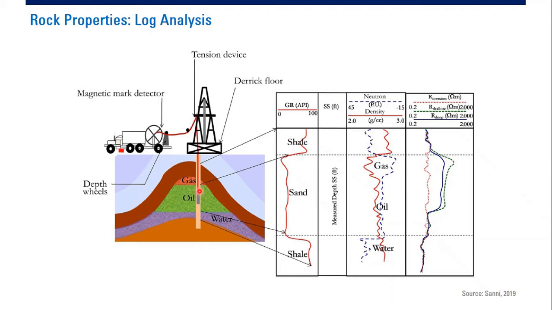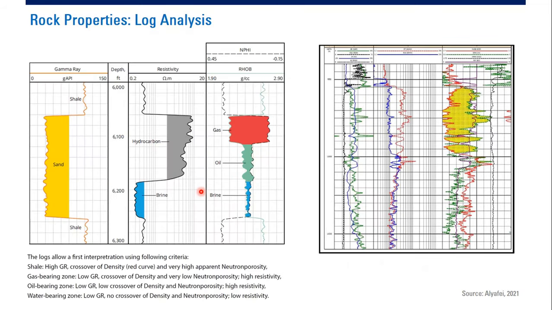And during its movement, it will record something. Okay. And then we will read the record. We will analyze the recording and do log evaluation, formation evaluation, and then we can interpret. Okay. Formation evaluation or log interpretation.